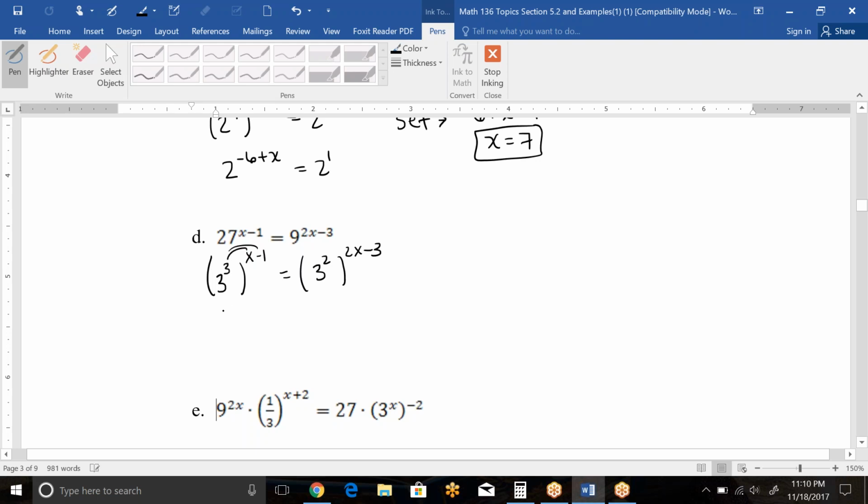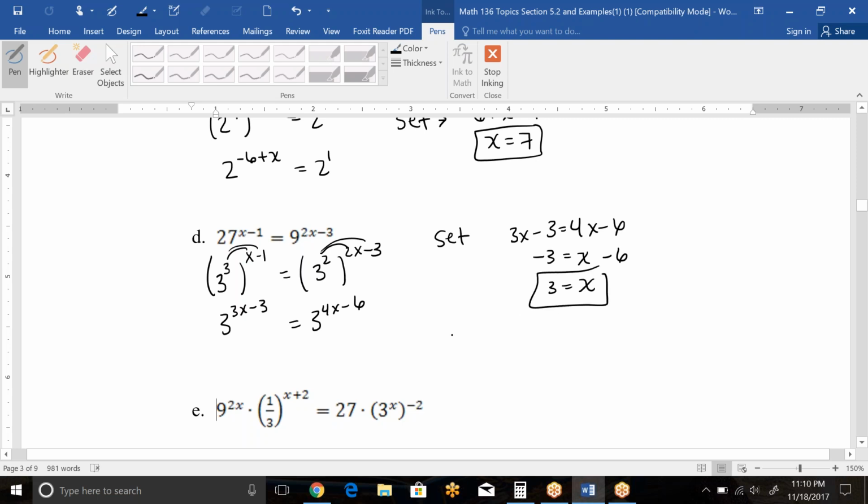So this would be 3x minus 3. And this will be 4x minus 6. So if we set those equal, now that they have the same base on each side, subtract the 3, that would just be x, add the 6, which would be 3.